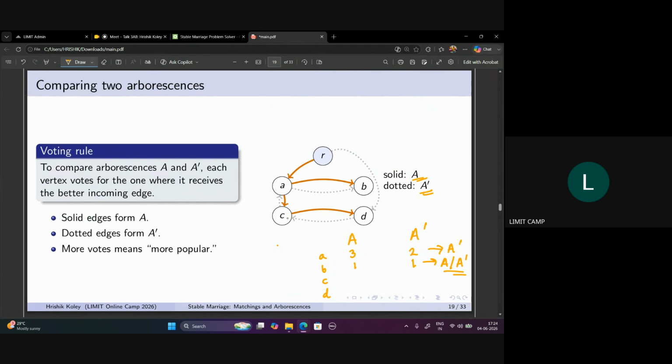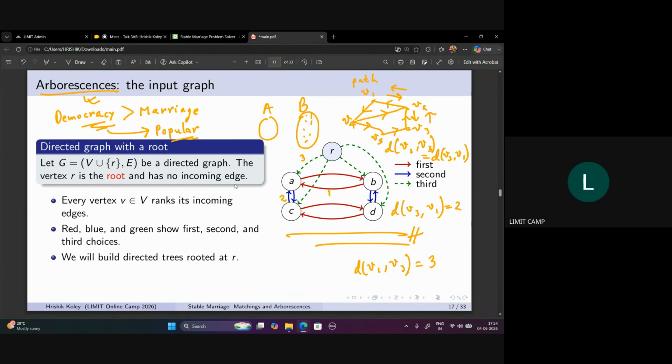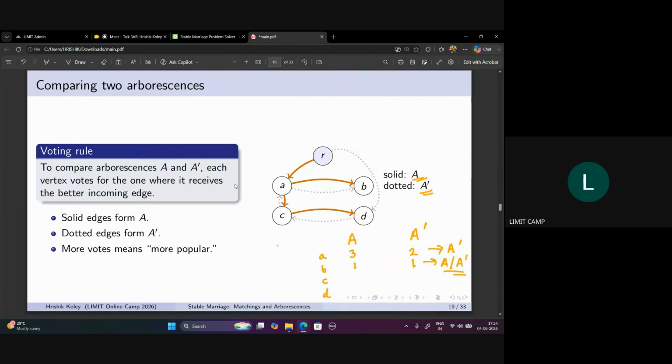For C, in the solid case it received the second most preferred edge. In the dotted case, it got the most preferred edge that it had.